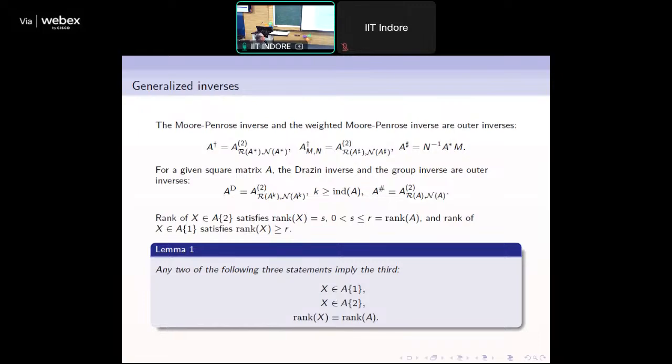The Drazin inverse is related with rank invariant powers. The Drazin inverse can be expressed using the Jordan decomposition, which is a kind of core-nilpotent decomposition.